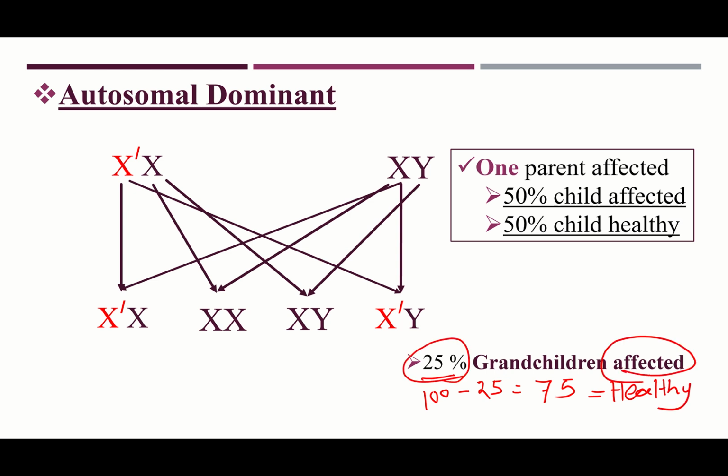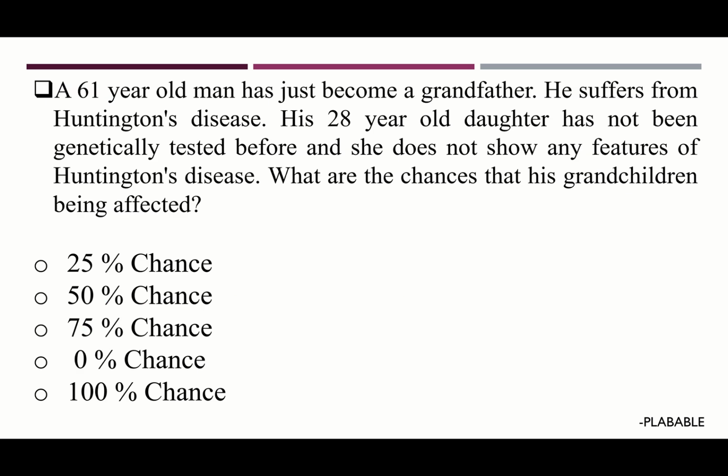Okay, let's solve a question like here. Read the last line. What are the chances that his grandchildren are affected? So you saw grandchildren being affected. You're also looking at the options, so you're pretty sure this question is from genetics. And like I said, in genetics, whenever they're asking you how many of the grandchildren will be affected, there's most certainly an autosomal dominant condition somewhere in this stem.